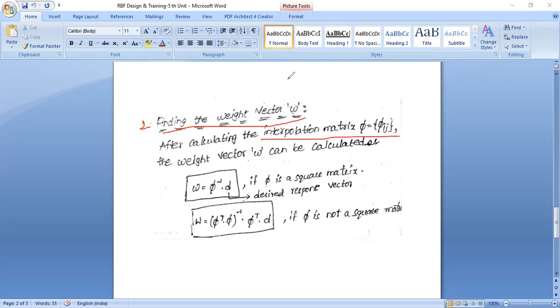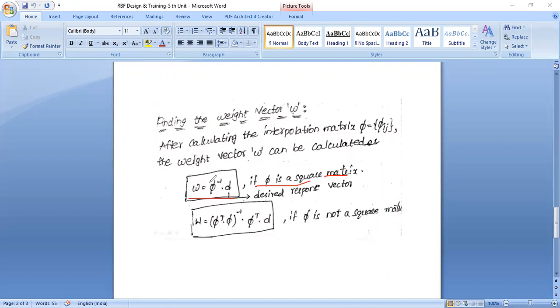How would it be? If the interpolation matrix, which means the phi matrix, is a square matrix, then we may use this formula to calculate the weight of the network, which means W equal to phi inverse into the desired response. Phi inverse into desired response.